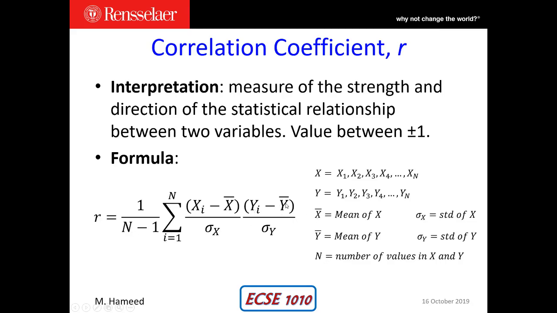X bar and y bar indicate the mean of x and mean of y. These are the arithmetic means or the averages of x and y. And then sigma x and sigma y indicate the standard deviation of x and standard deviation of y respectively. We have seen earlier videos in which we go over how to calculate the mean and standard deviation of a data set. You're going to do that and then plug it into this formula and run this summation over all the elements of x and y and compute the correlation coefficient r, which is going to be a value between -1 and 1.